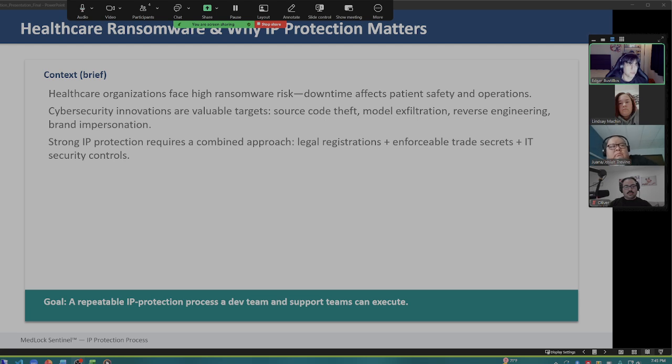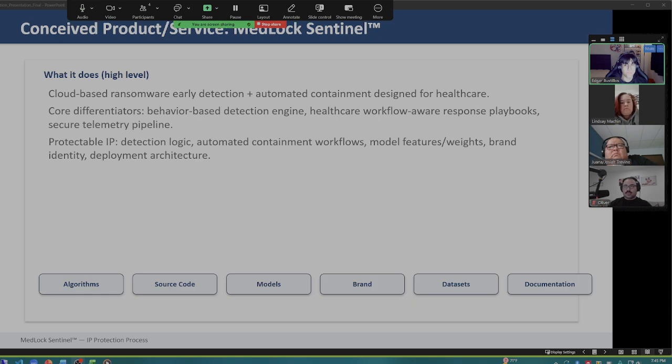Next, I'll introduce the product concept just enough to anchor the IP categories. Bedlock Sentinel is an example of a service that fits the ransomware and healthcare theme. I'm keeping this product description brief because the assignment is about protecting the IP created by the team.